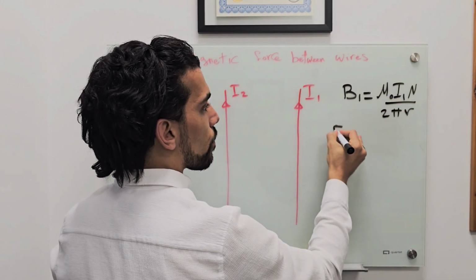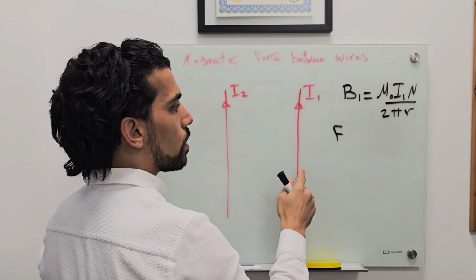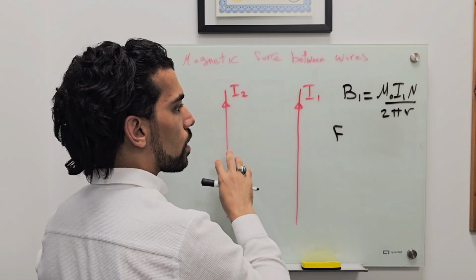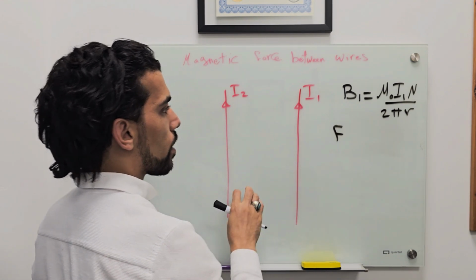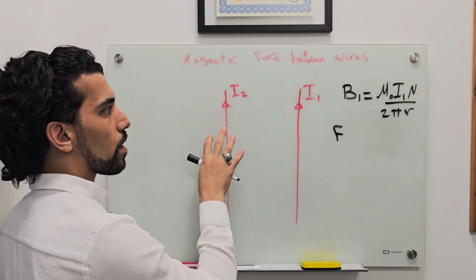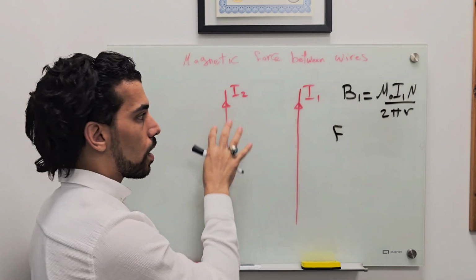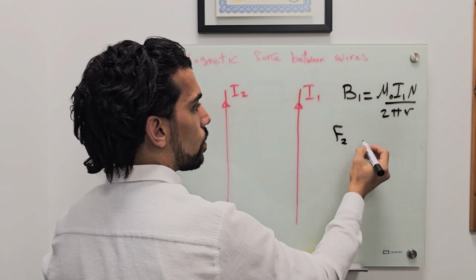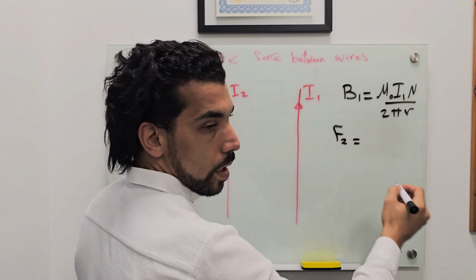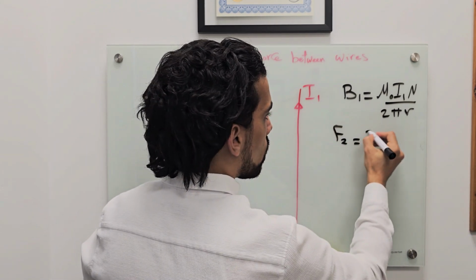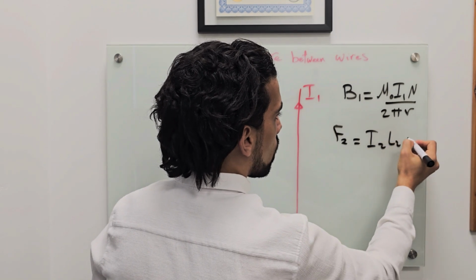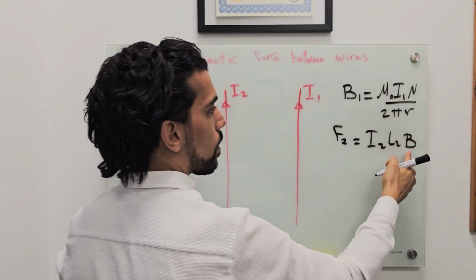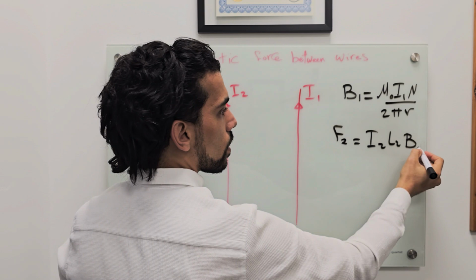And we said that for the force on a wire inside a magnetic field, let's imagine that we need to find the force exerted on the wire carrying I2. So the force on the wire I2 is equal to I2 L2 multiplied by B, and the B is generated from I1.